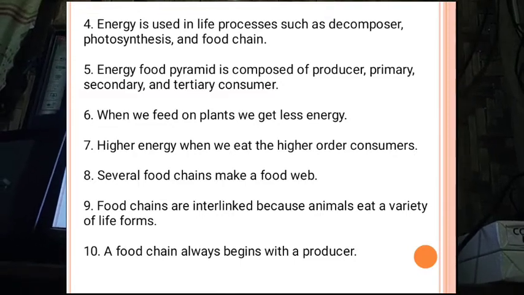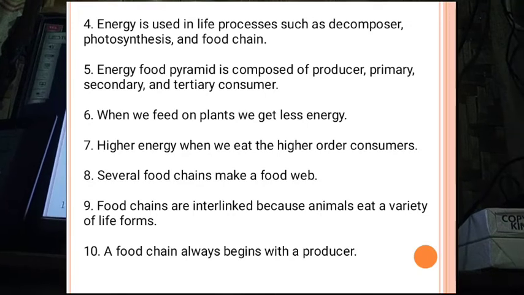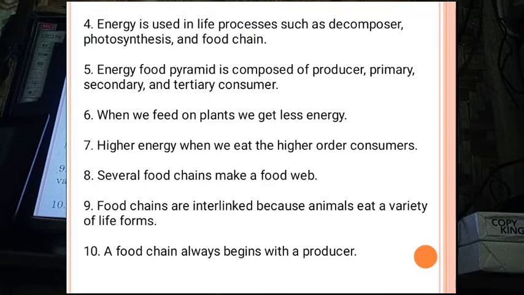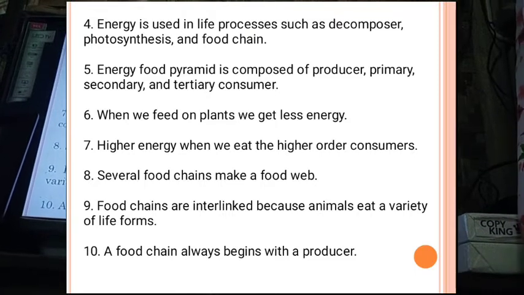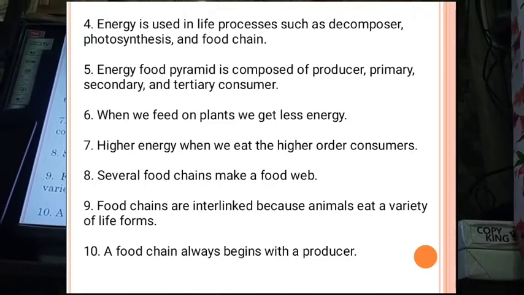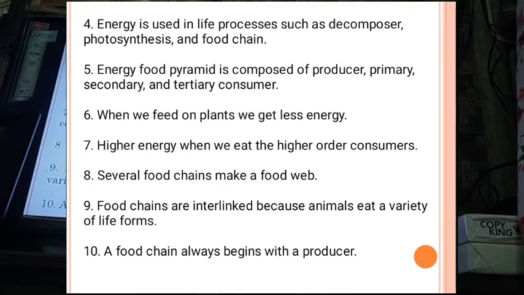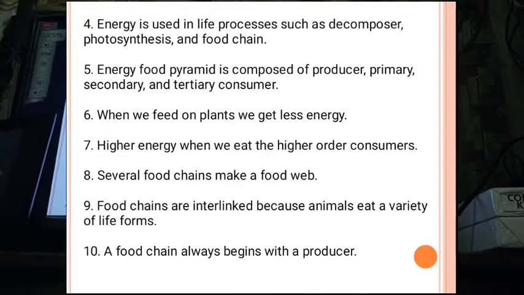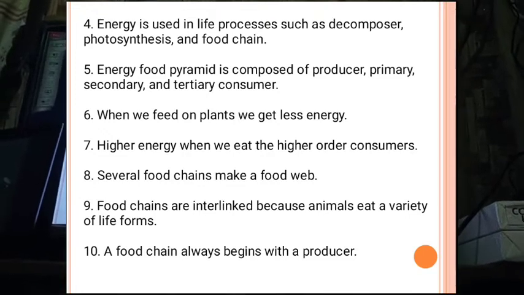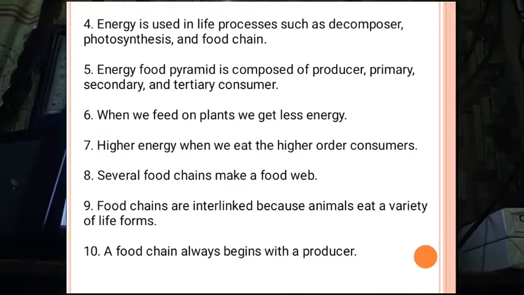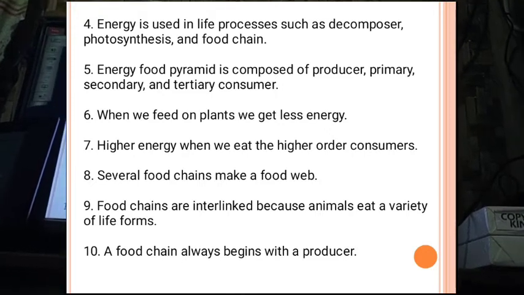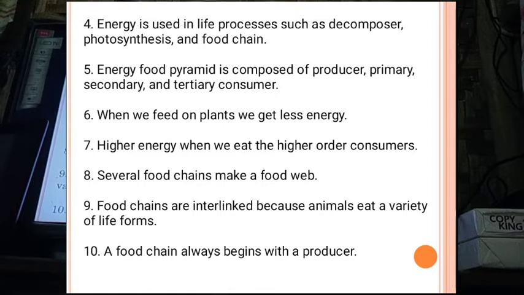Another question. Higher energy when we eat the higher order consumers. Again, higher energy when we eat the higher order consumers. Okay guys. Number 8. Several food chains make a food web.